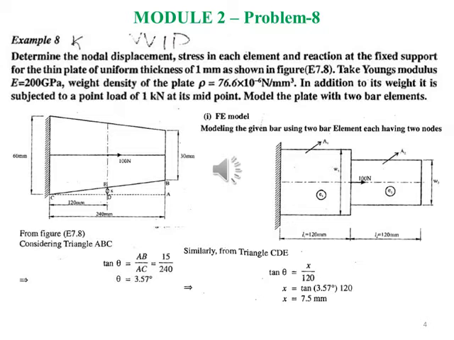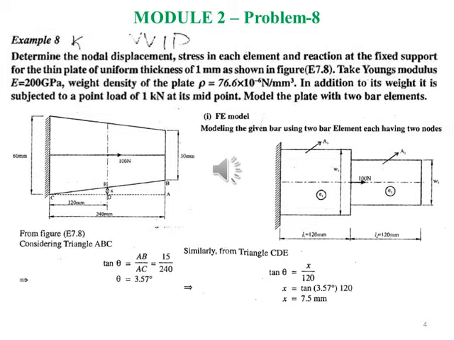AB is nothing but 15, because 30 plus 15 plus 15 is equal to 60. So AB is equal to 15. AC is 240 mm, directly the value is given. So AB by AC is 15 by 240. So approximately the theta value will be 3.57 degrees. So we have found the value of theta.